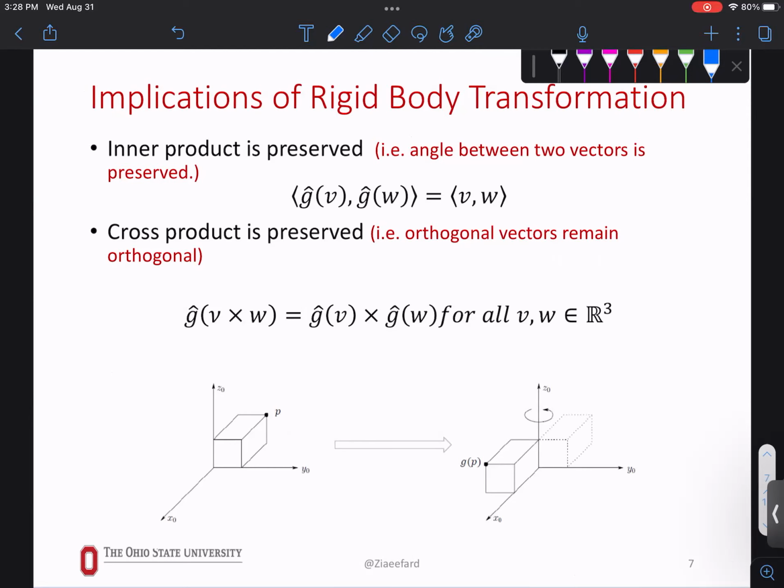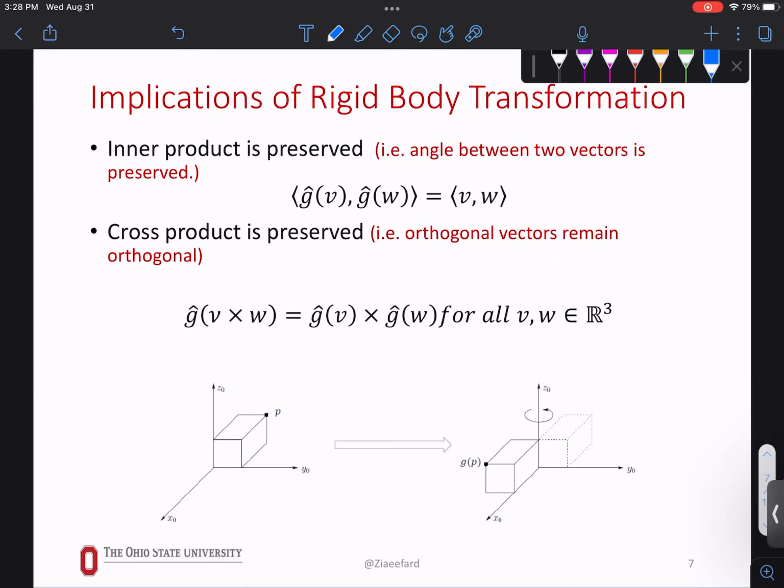You remember what V dot W is? Magnitude of V times magnitude of W times cosine of theta, right? And then the cross product is preserved: they're orthogonal, we just talked about that. If they're orthogonal, they stay orthogonal, because that's what the cross product does.